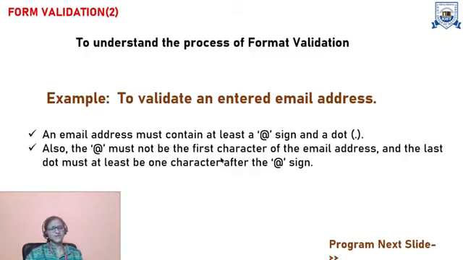So, what are the properties of an email? It must contain at least an at-the-rate symbol and a dot. Also, the at-the-rate symbol must not be the first character of the email address, and it must also not be the last.